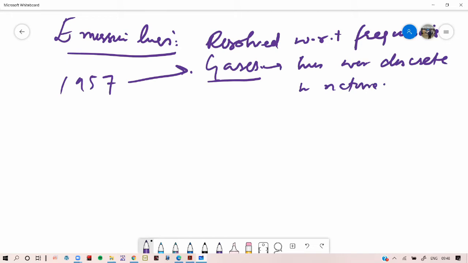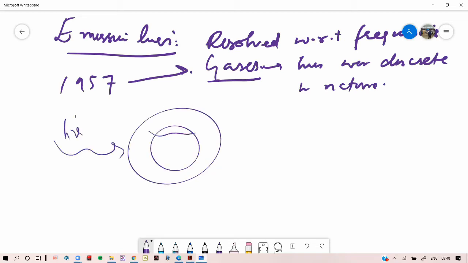It was also proposed that atoms, when exposed to white light, can only absorb light at certain discrete frequencies. That means if we have an atom here and we shine some light h nu, it absorbs this light, but only at certain discrete frequencies.